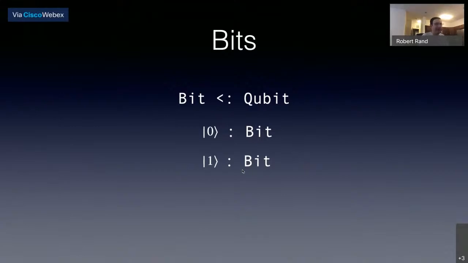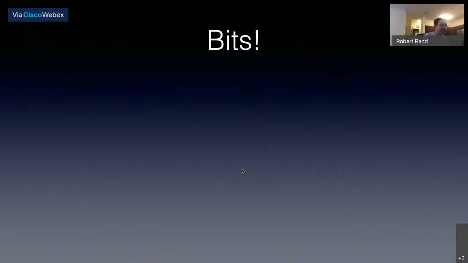So bit can be treated as a subtype of qubit. On our quantum computers, bits would typically be implemented by qubits, and it's just limited in that bit only contains the 0 qubit and the 1 qubit. That sounds pretty boring, but I actually find these super useful. Bits make convenient types. I know that they're in either the 0 or 1 state, so I can use them as such.